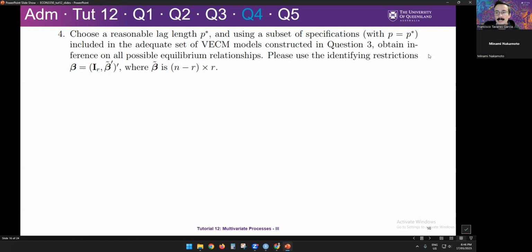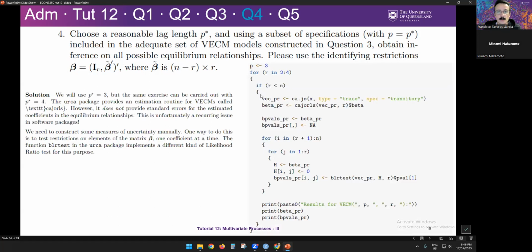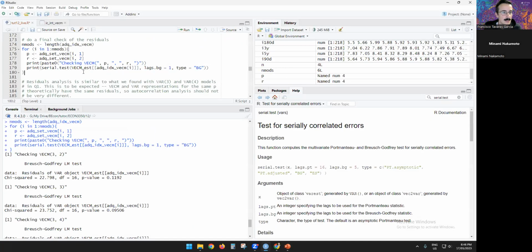Please use the identifying restrictions, and then you have here beta equals the identity of R, beta tilde, etc. And where beta tilde is this interaction here, the n, the number of variables, minus the rank times the rank. All right, let's go.